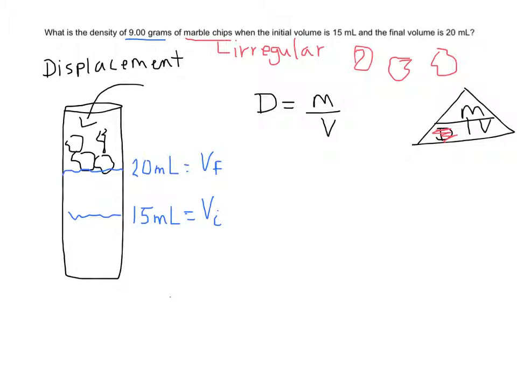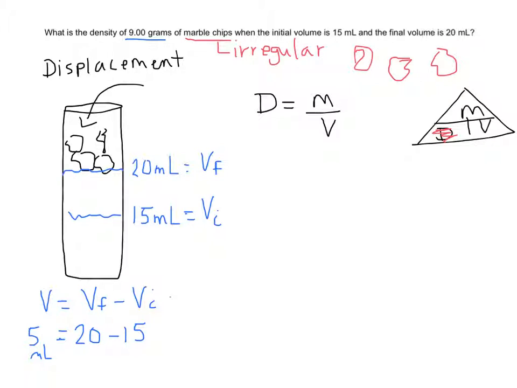Our volume is basically going to be the difference of our V final and V initial. So volume is equal to V final minus V initial. So that's 20 minus 15, which equals 5. So it's going to be 5 mLs.